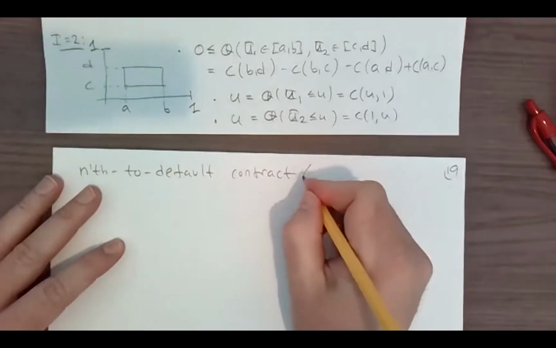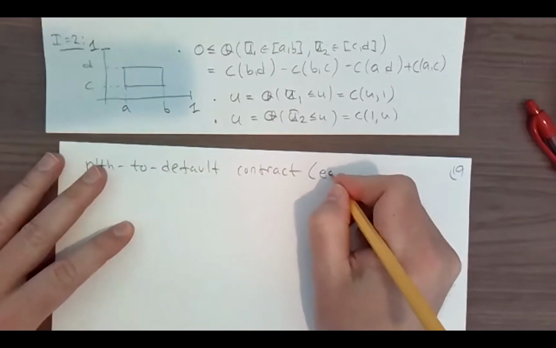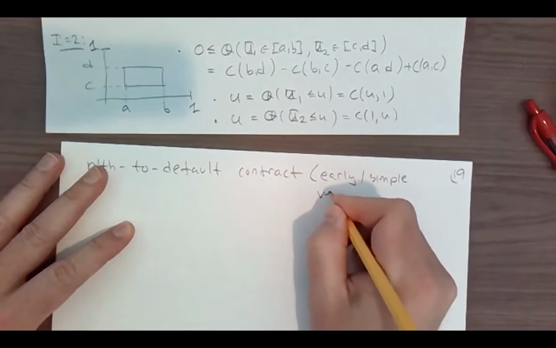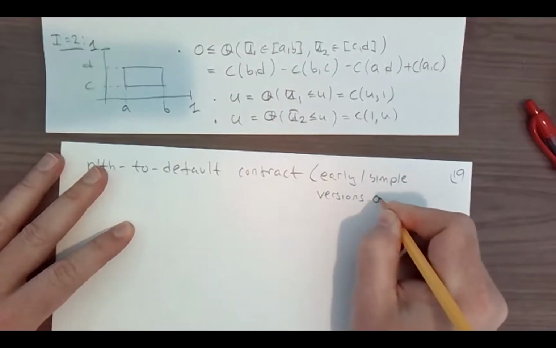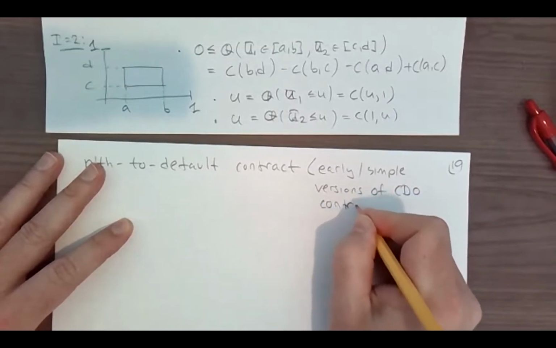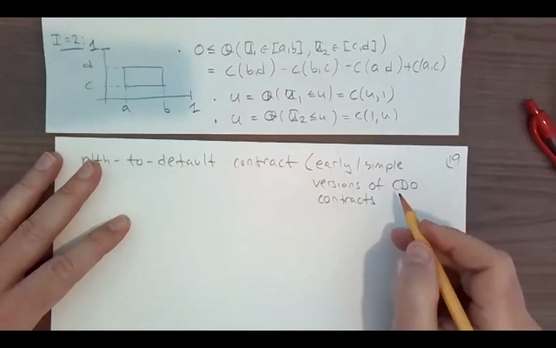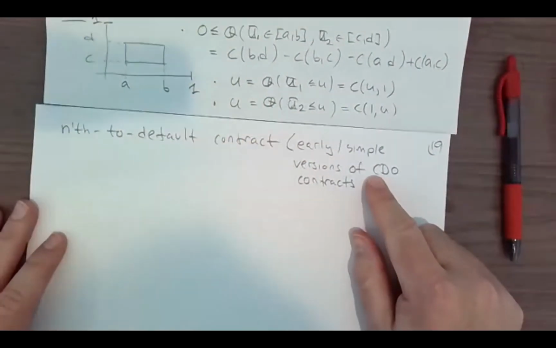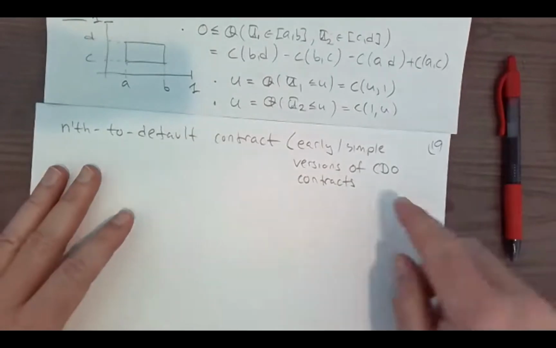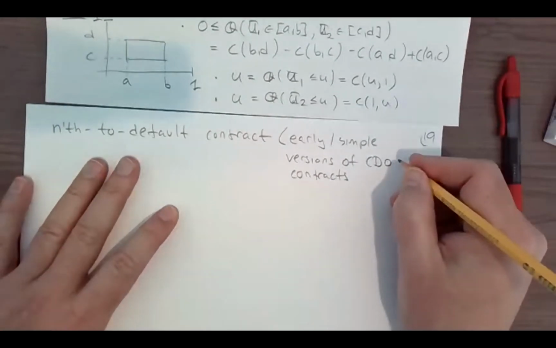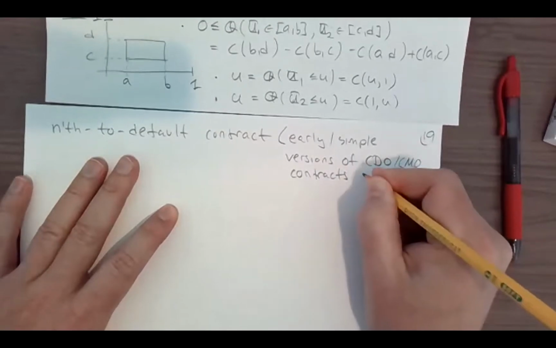These are like precursors, early or simple versions of what became known as CDO contracts. CDO stands for collateralized debt obligations. There's also a mortgage version, there's also a credit card version: CDO, CMO contracts.